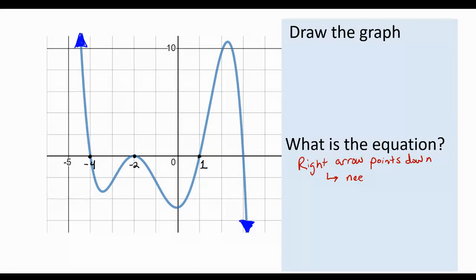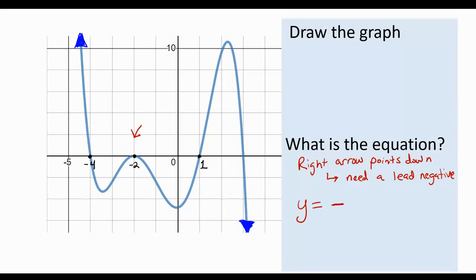So we need a lead negative. Remember, it's the right arrow, this arrow that you always look at. So one arrow up, one arrow down. You always check the one on the right. So since the right arrow points down, we need a lead negative. So y equals start with a negative.